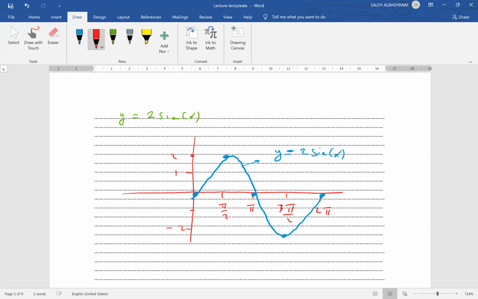And the amplitude is equal to 2. The amplitude is the absolute value of A, the coefficient of the sine in the given function, which is equal to 2. So this is how to graph the sine function.